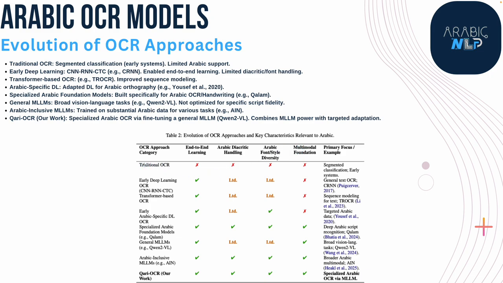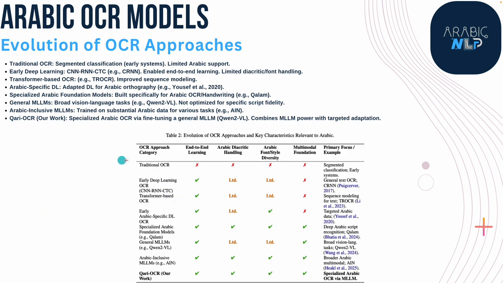Then came early deep learning methods like CRNN, which allowed end-to-end reading but still struggled with diacritics, different forms, and different styles.